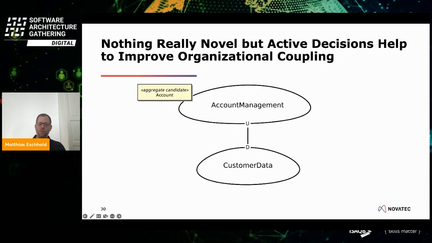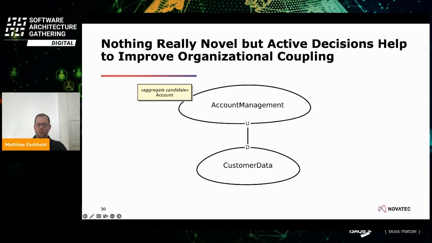We assume that we identified the bounded context candidates account management and customer data. Inside these contexts, we have our aggregates, account and customer. And we should solve the domain-related relationship between account management and customer data. At least the customer wants to know which accounts belong to him.